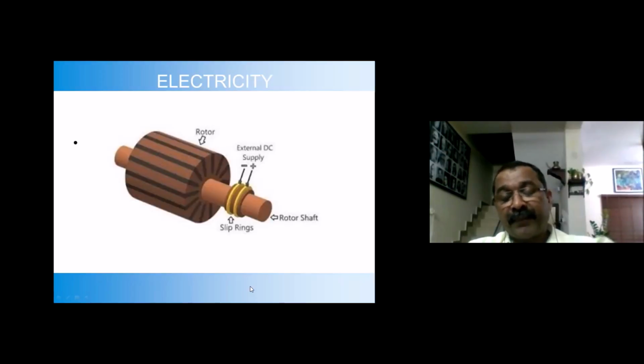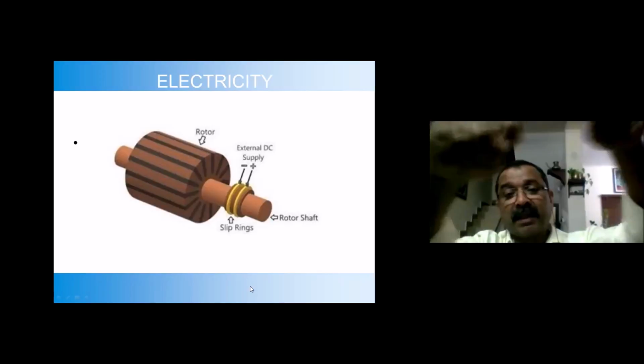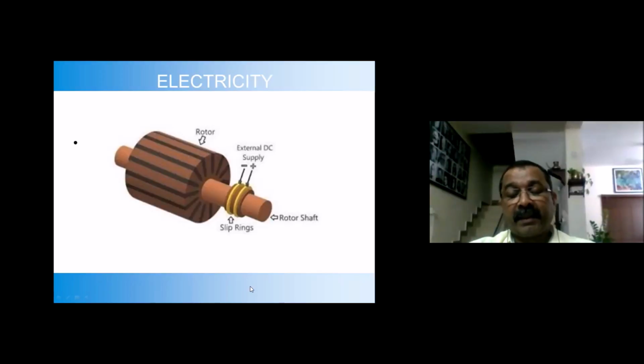If we complete a circuit from both the ends of the conductor, a current will flow. That is the theory of an electrical generator.